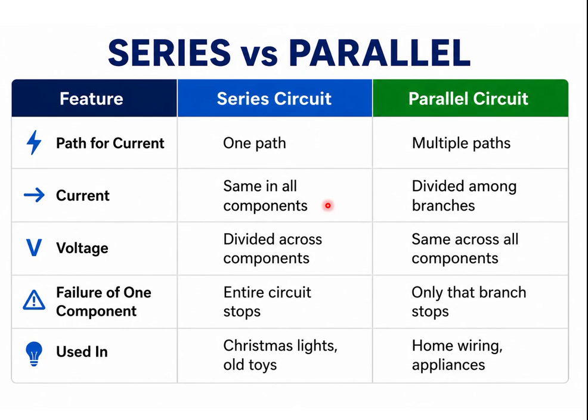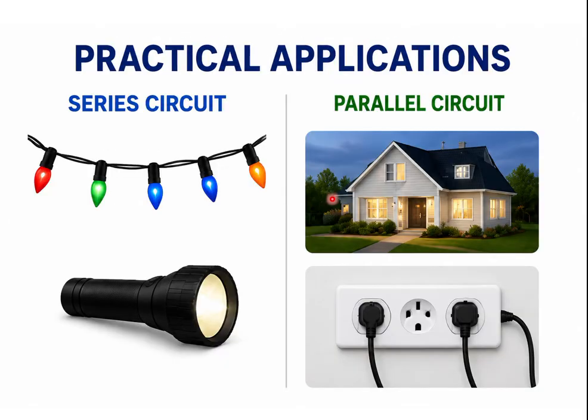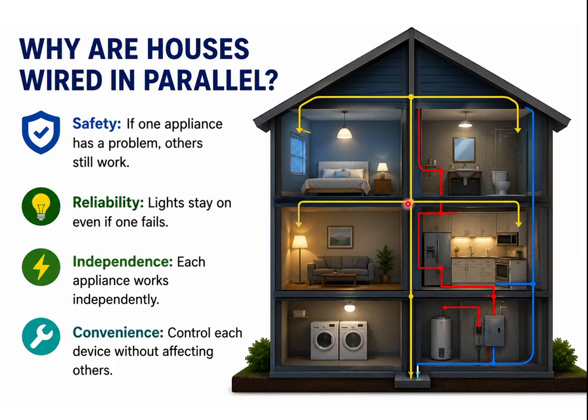And again, in a case of series, if one component gets bad, the entire circuit stops working. But in the case of parallel, if one component gets bad, only that component stops working. Like I said before, in case of application, decoration lights are series, and parallel circuit is how our homes are wired. Our bulbs and our sockets, that's how they are wired.